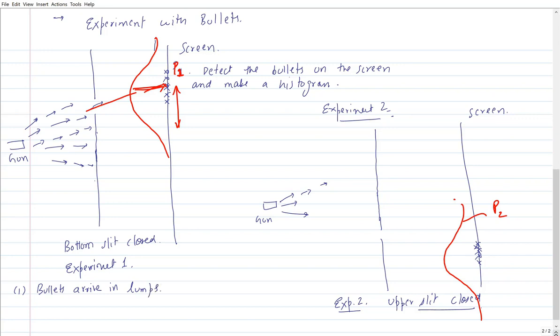So, for example, there is not a case that I get 0.7 of a bullet or 0.3 fraction of a bullet. Either I get a bullet at a particular point or I don't. So we don't observe, let's say, 0.7 of a bullet. And we get a probability distribution P1 and P2 in each case. So that was my experiment.